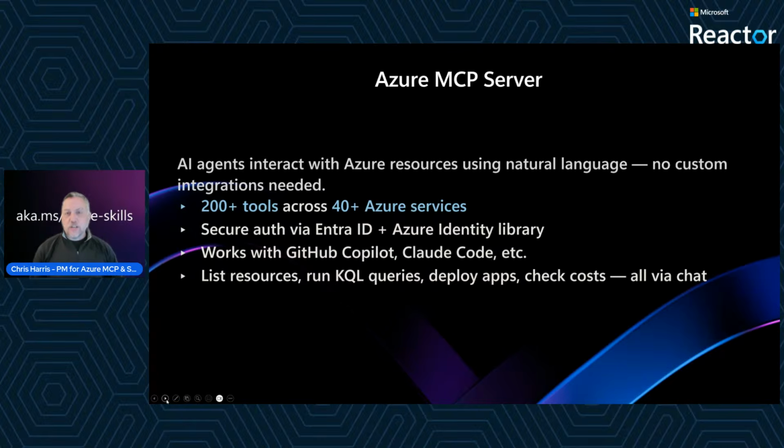This is just the tip of the iceberg here. So listing resources, running Kusto queries or KQL queries. What's been fascinating to us as we have gone through this process and built this and put this out there, our most popular tool by far is our Kusto tool that allows you to both create and then run queries. Apparently, there's a lot of people out there like me who are not Kusto experts.